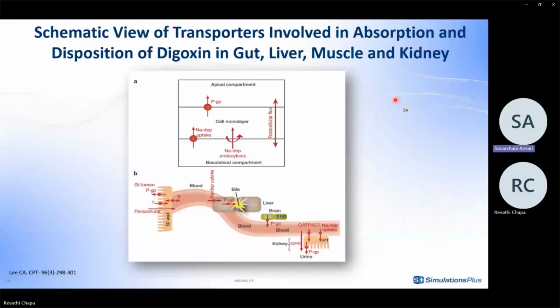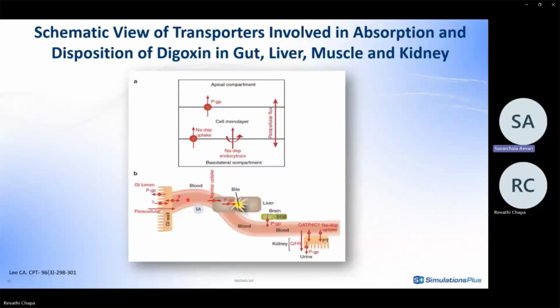Digoxin is a hydrophilic drug which exhibits low passive transcellular flux, and it is metabolically stable in humans, and its absorption, distribution, and elimination is mainly through transporter-mediated processes.